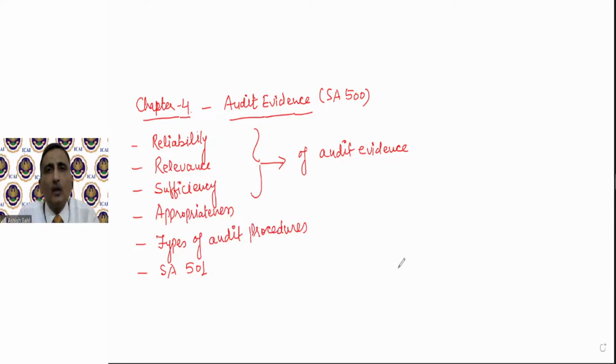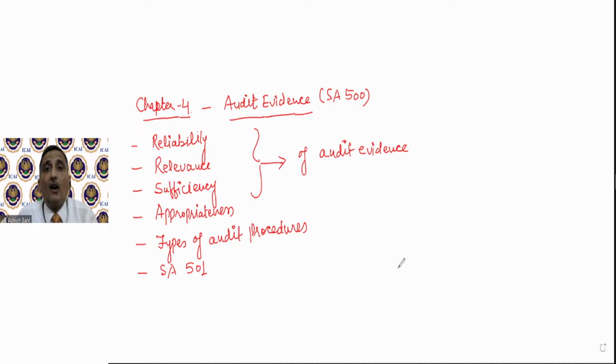And we had also learnt about the meaning of assertions. What are assertions? We had understood that these are representations by management. These are contained in financial statements. However, these are used by the auditor to identify probable misstatements in financial statements.